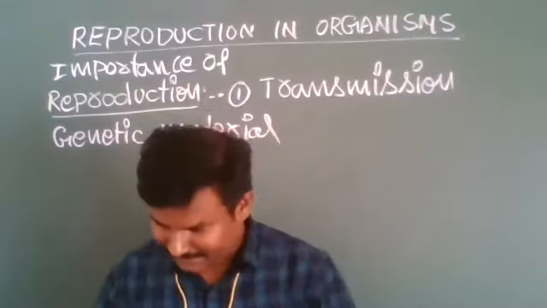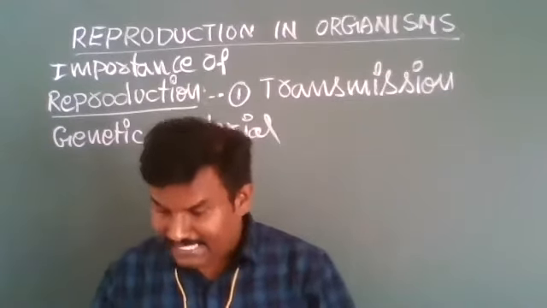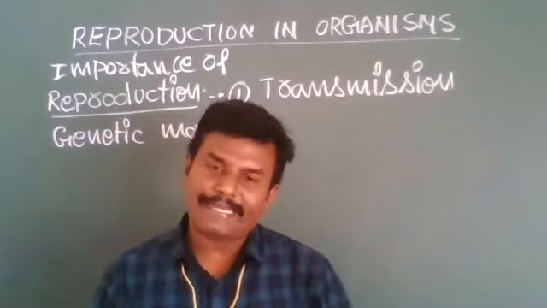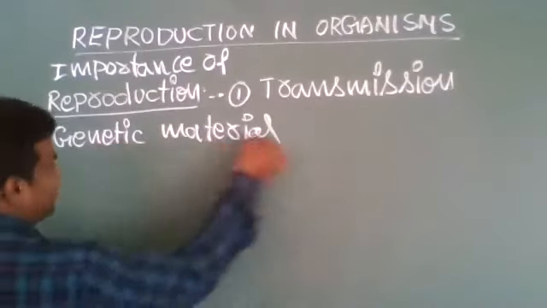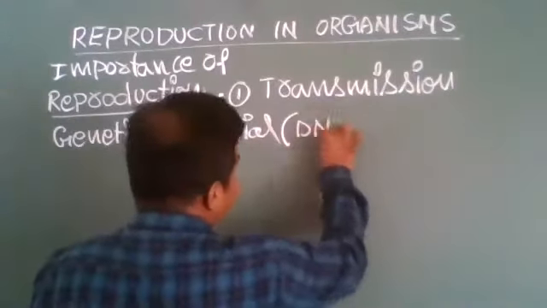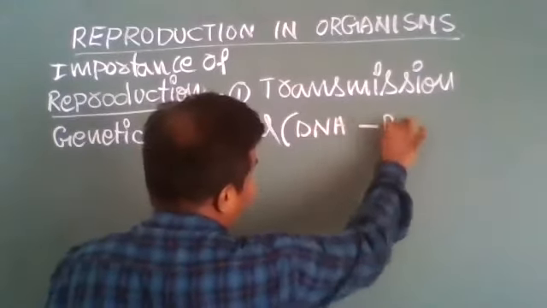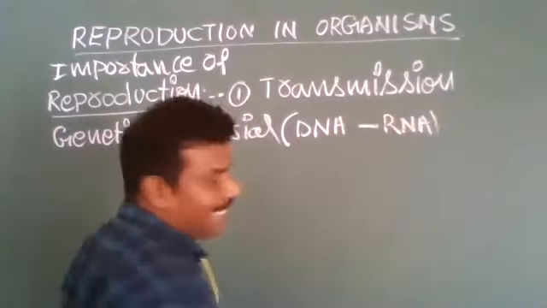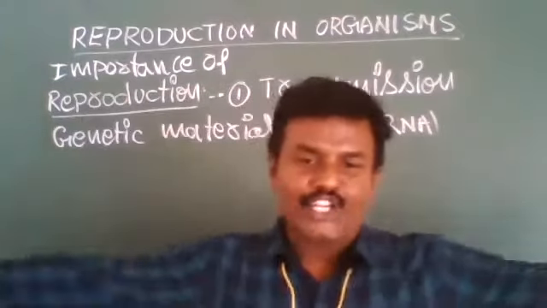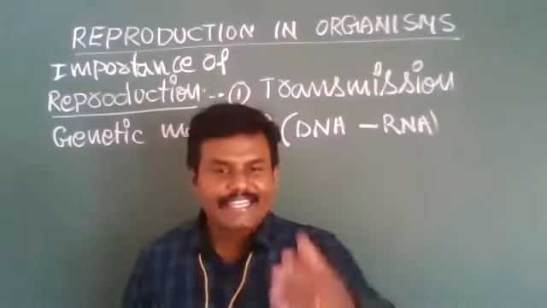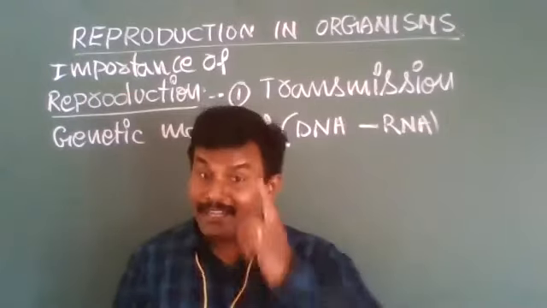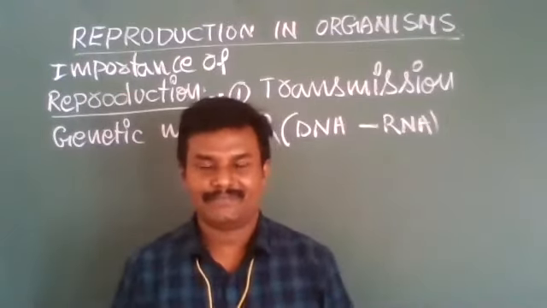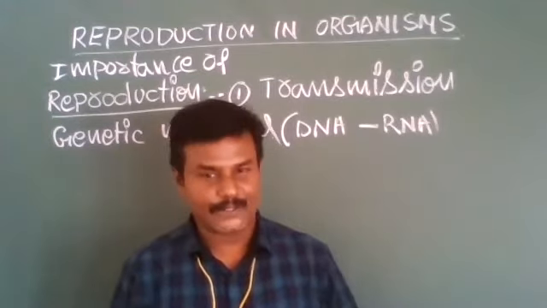First importance: it involves the transmission of genetic material from the parental generation to the next generation. What is the genetic material? See here, genetic material is DNA and RNA. Actually, in human beings, the genetic material is DNA. RNA does not act as a genetic material, but it is essential. That is the first importance of reproduction.